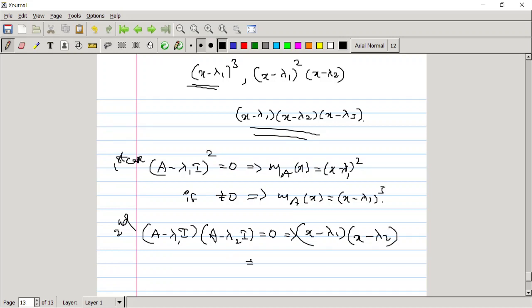If this is not equal to 0, then x minus lambda 1 whole square into x minus lambda 2 is the minimal polynomial. In the third case, the polynomial is the same as the minimal polynomial. So we have to do two calculations here, this one and this one. From these two you can get the minimal polynomial.